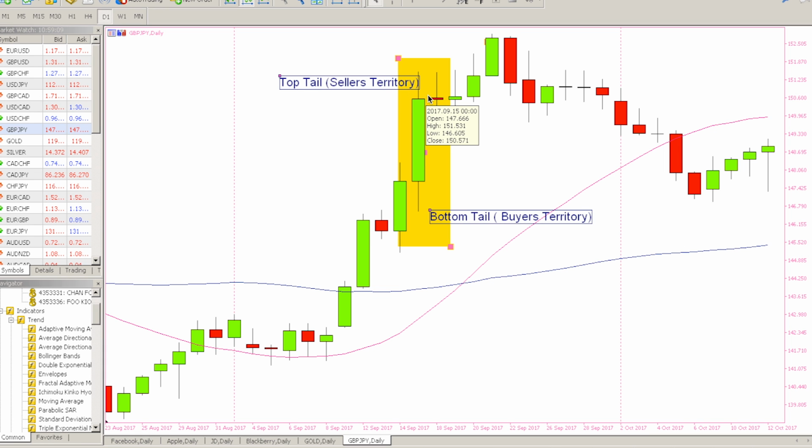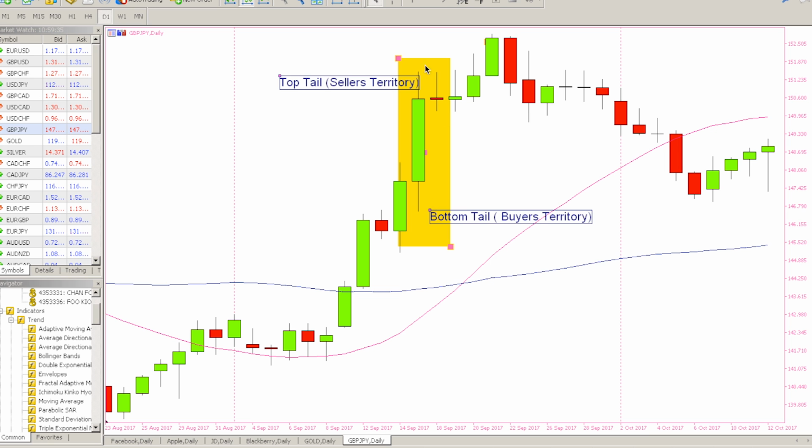Now, why is that so? It simply means that when the price opens and goes up to a certain level and touches the top here, the sellers start to come in and put selling pressure. That's why the price cannot close here. In fact, probably it struggles, because this is a day chart, by the way.